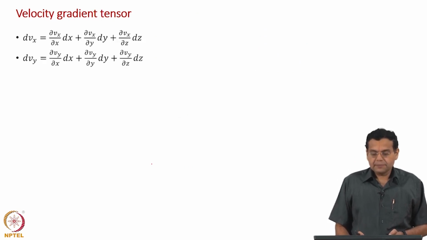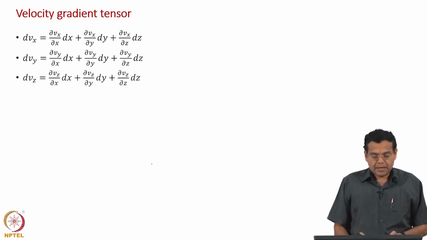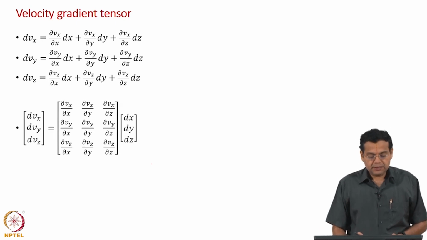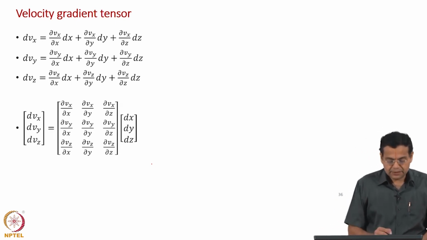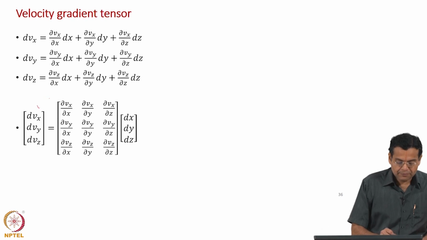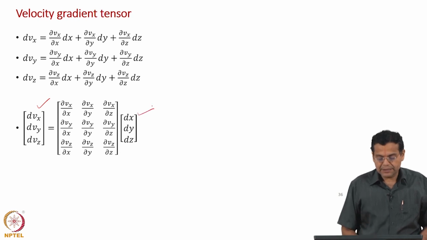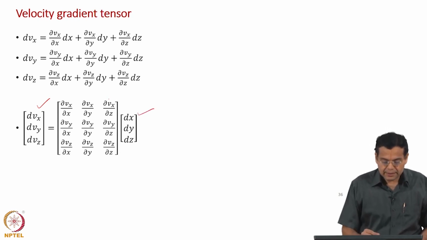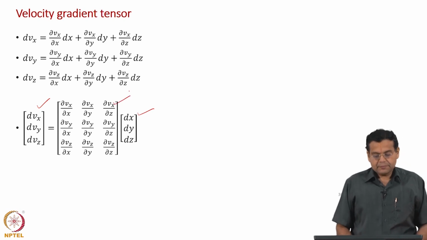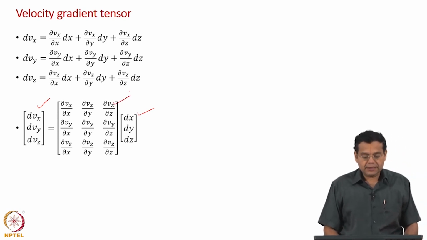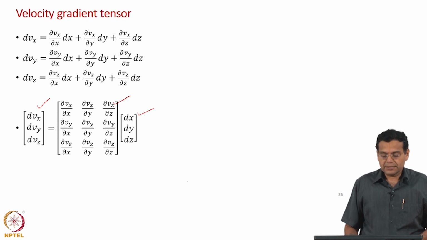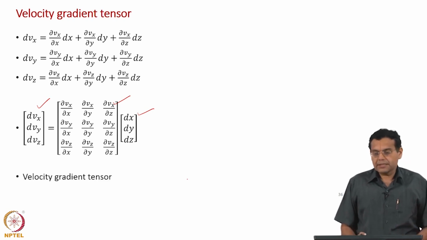Okay. Let us repeat this for the other directions. Let us write dVx, dVy and then dVz, and express them in terms of a matrix. So, on the left hand side we have the column vector dVx, dVy, dVz, on the right hand side we have dx, dy, dz, and then the matrix which relates these two vectors is the velocity gradient tensor.